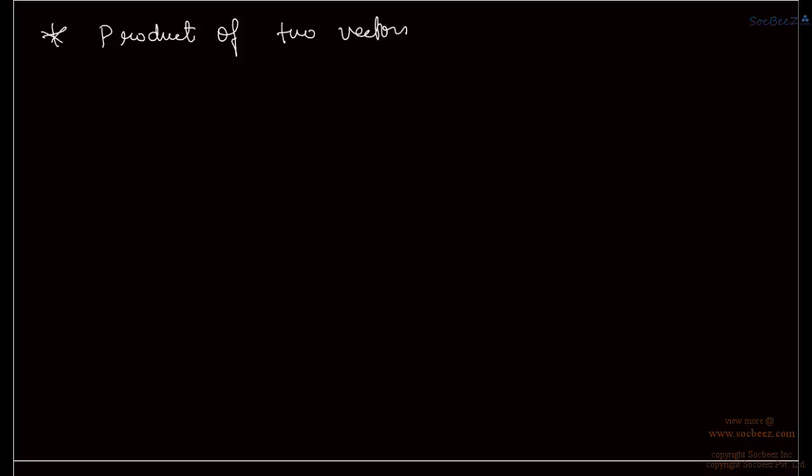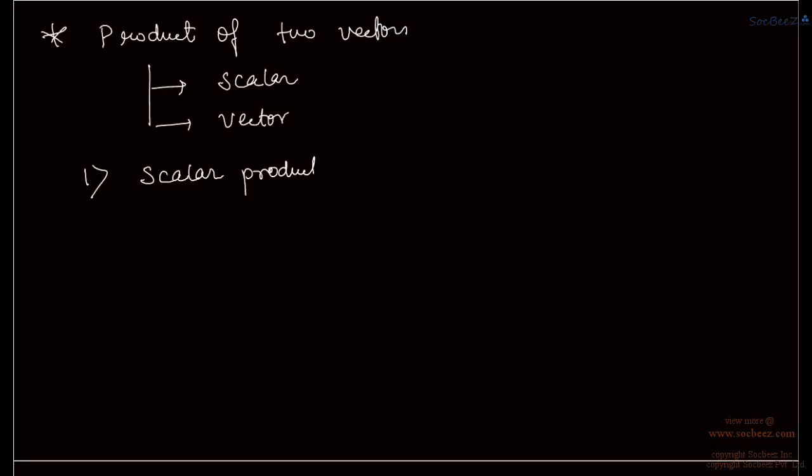The product of two vectors can be scalar as well as vector. So first we will define the scalar product. It is also known as the dot product. Say we have two vectors A1 and A2. Then we write the scalar product of A1 and A2 as A1 dot A2.